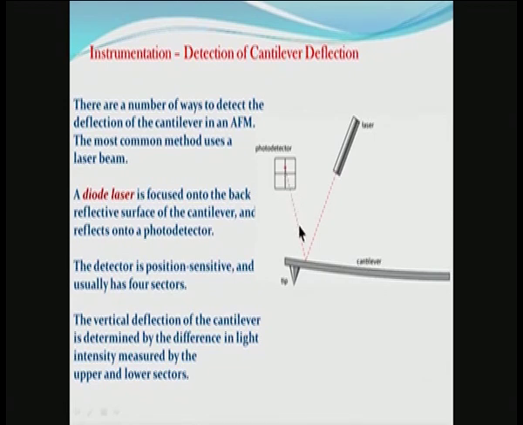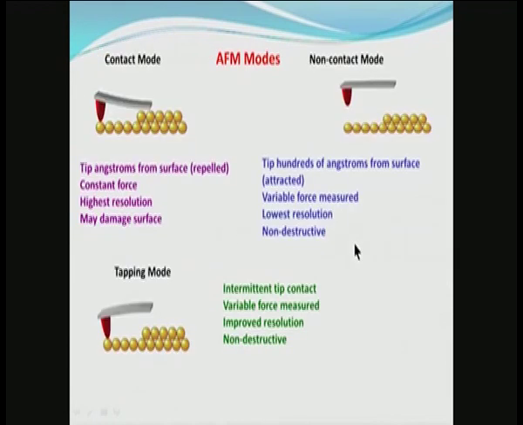By following the reflected beam on the photodetector and deducing its position, it is possible to measure extremely small displacements in the nanometer range. So, this is the instrumentation involved in the technique.